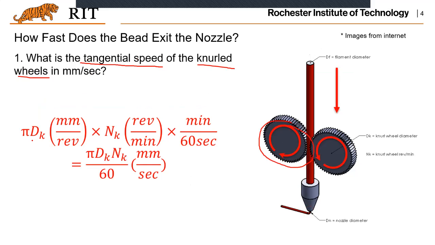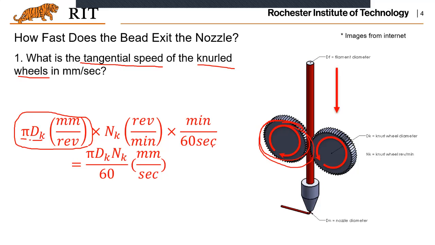Basically, you use pi times the diameter of this circle, and then you have this whole length, right? That's the distance when this knurled wheel travels one turn.